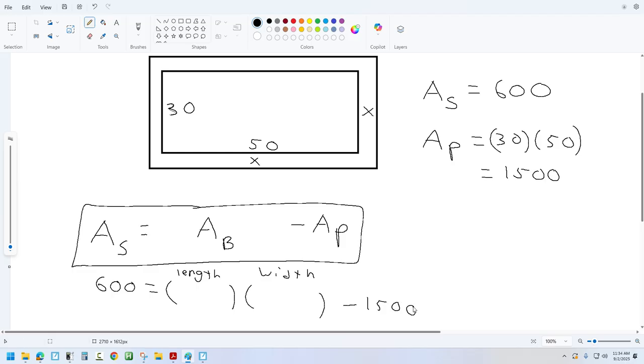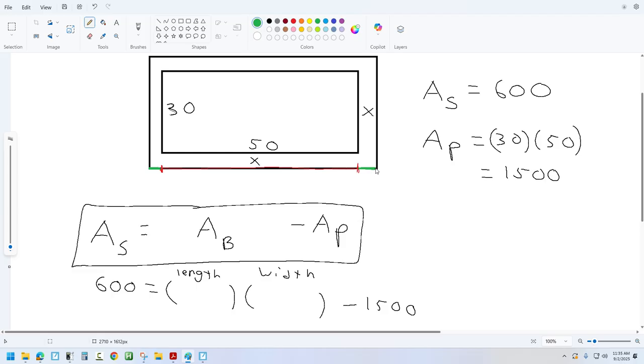Okay, so we got to figure out the length and the width of the big rectangle. Well, the length, I'll give you a hint, if you break it into pieces, it makes it easier to find. Part of the big rectangle goes from there all the way to there. So you have that part. Then you also have a part from here to here, and another part from there to there.